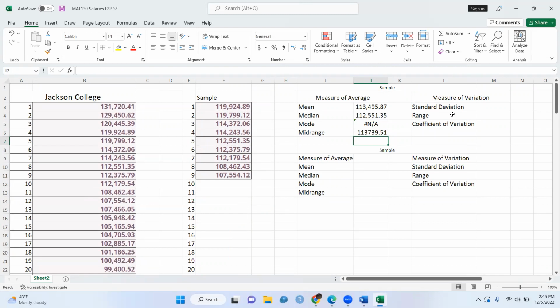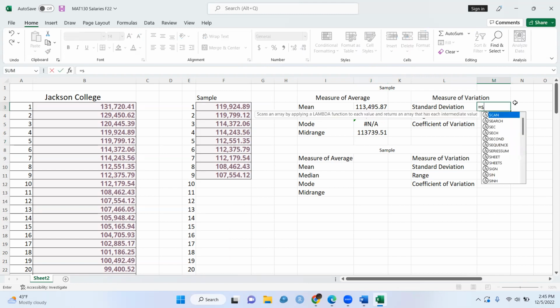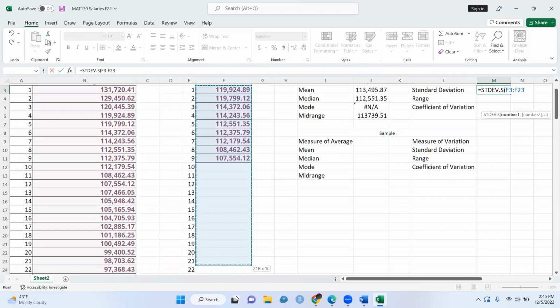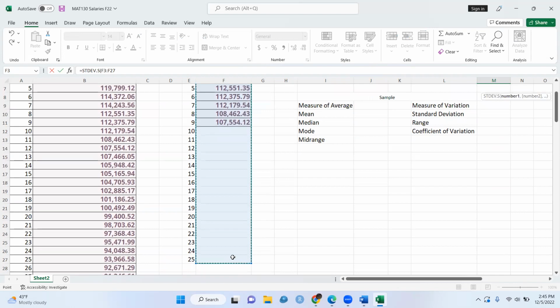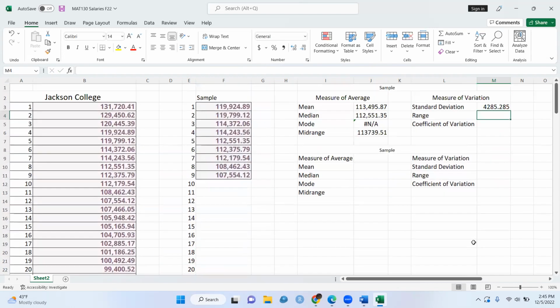For the measures of variation, to do standard deviation, you hit equals and you start typing stdev. Notice there's 2. stdev.p, that's for population. Since we're doing a sample on the first one, you do stdev.s, select your sample, and there's your calculation.